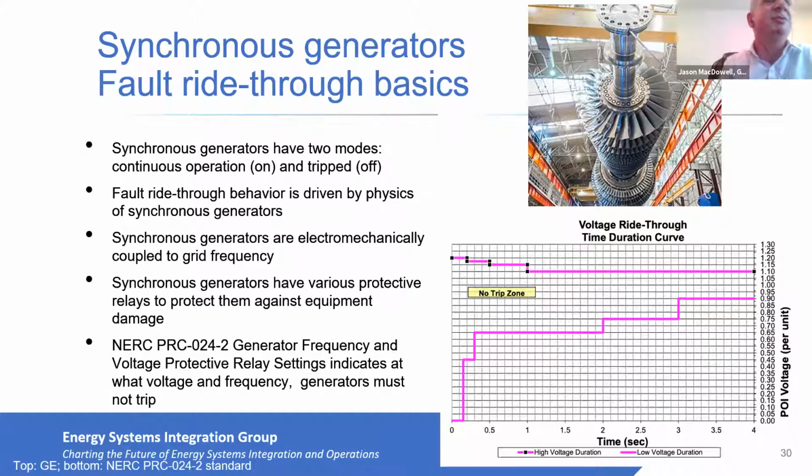Yes, for frequency response, we are worried about losing a part of the system or the largest generator on the grid, and recovering the frequency from that operating condition. But another concern, where inverter-based resources certainly have the capability to support, is what happens during electrical disturbances, electrical faults in the grid.